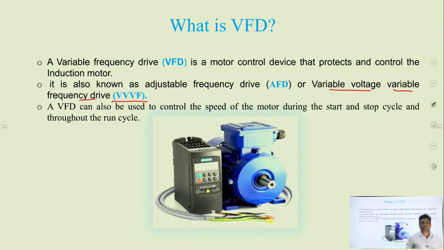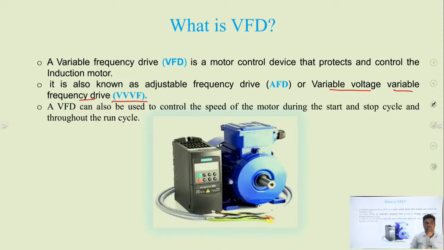What are the major differences? Basically VFD, AFD or VVVF devices are used for industrial motor control. Another industrial device, like a soft starter, can be used for smooth starting at the time of starting and smooth controlling or stopping of the motor.